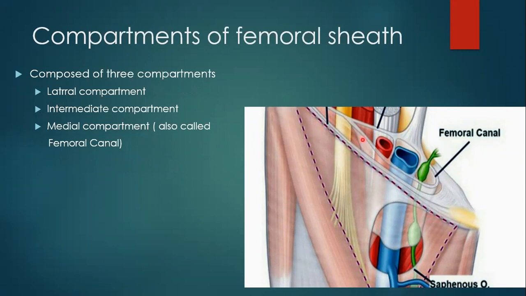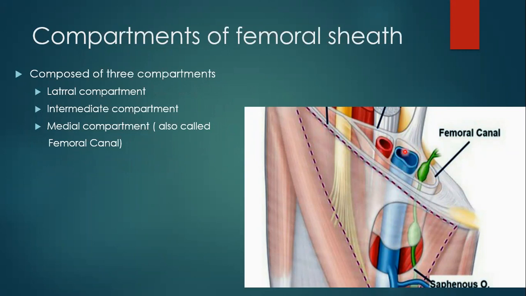Now the femoral sheath has got 3 compartments: 1, 2, and 3. The lateralmost compartment is where the femoral artery resides.